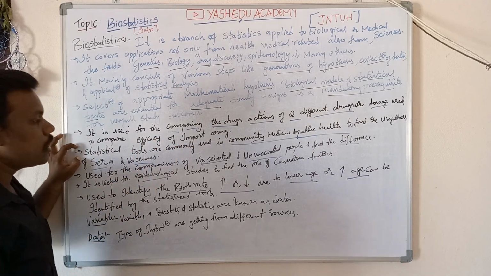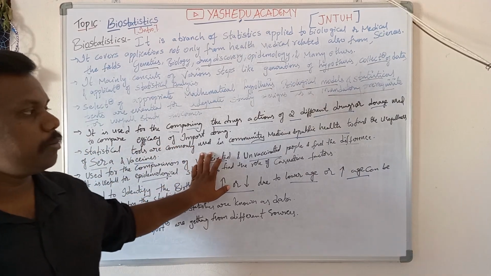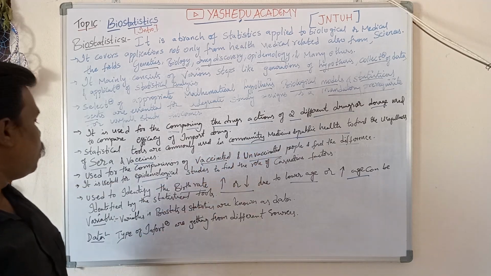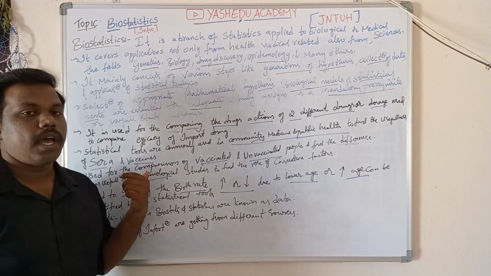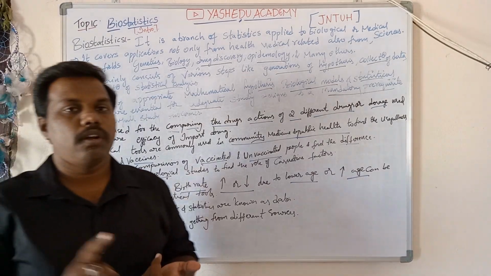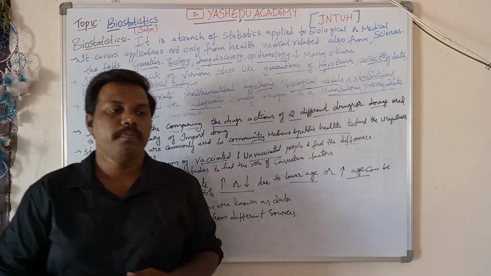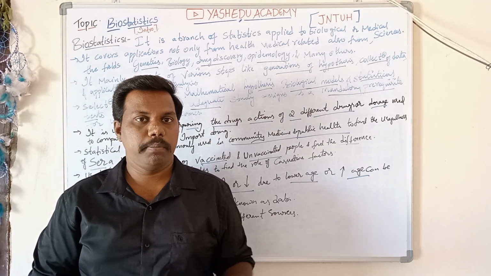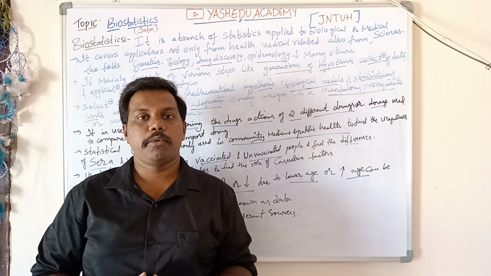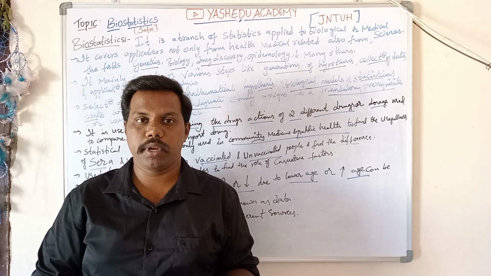Here the statistical tools are commonly used in community medicine and public health to find the usefulness of sera and vaccines. As I said before, the YashEduAcademy app was used, we have used it to find out the corona affected people and the number of vaccinated and non-vaccinated people around us.